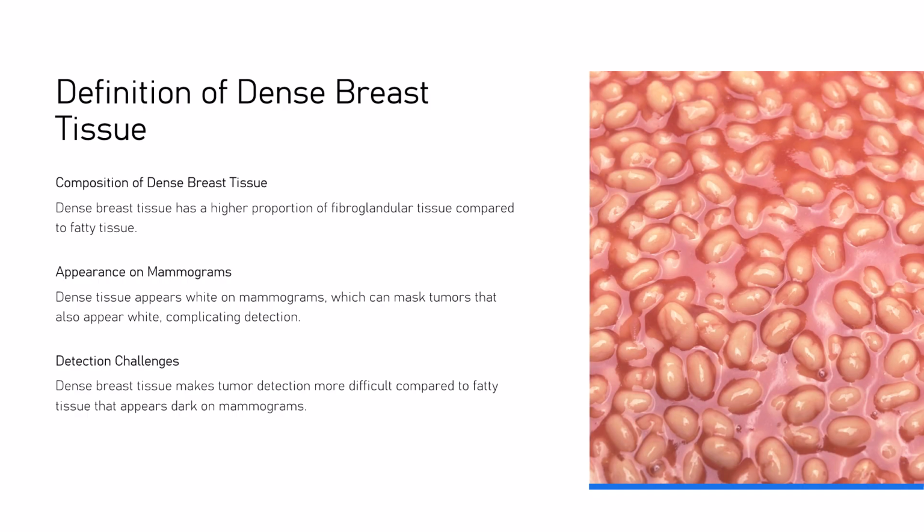Since dense breast tissue contains higher amounts of fibroglandular tissue, which appears white on the mammogram, this can obscure tumors, making detection more difficult compared to fatty tissue that appears dark.